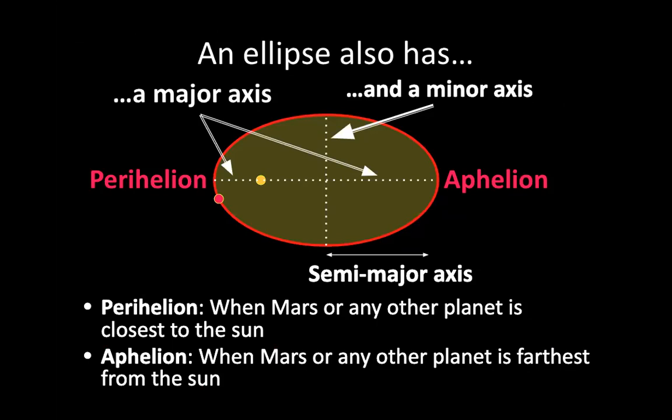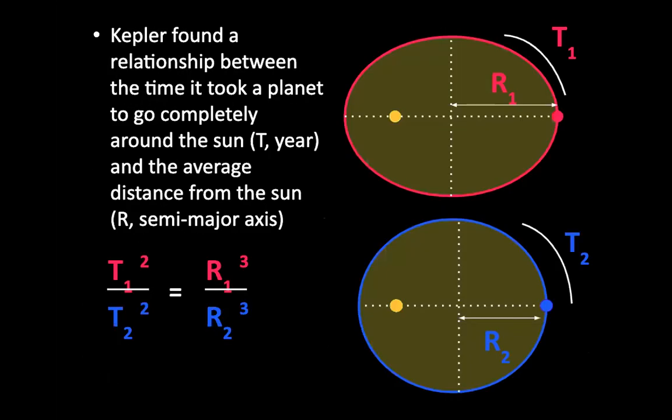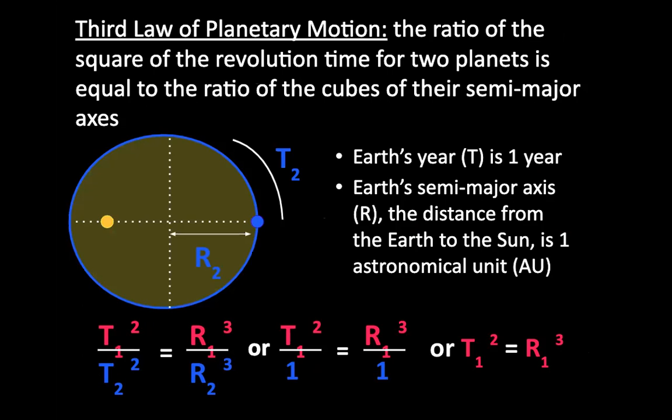Because you've got your major and minor, and then at the bottom there's what is known as the semi-major axis, okay? So Earth's year is 1 year, and Earth's semi-major axis, the distance from the Earth to the sun, is considered 1 astronomical unit, and we label that AU.